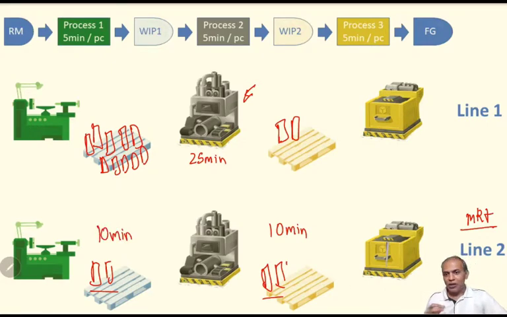So a new change that the customers require can be made available in 20 minutes versus 50 minutes earlier. So when I have less inventory in my system, the system is inherently more flexible and able to satisfy changing consumer or customer requirements.